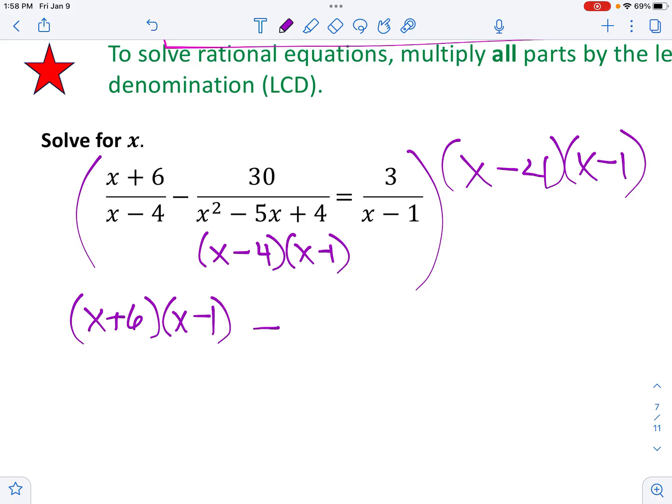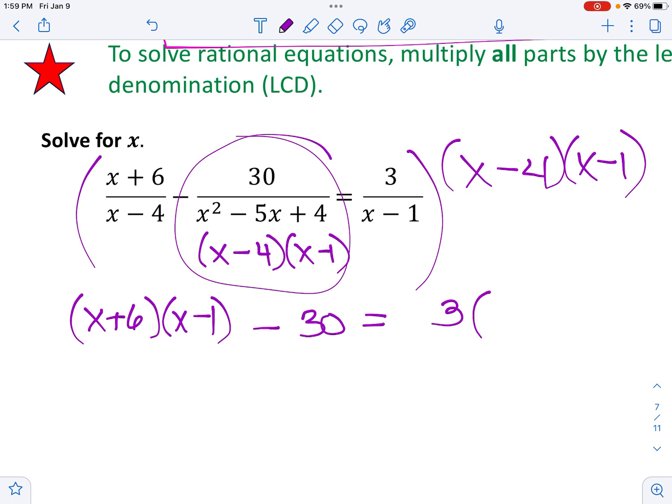This one, if I multiply, the numerator and the denominators would cancel, so I would just have 30. And over here on this side, the x minus 1 would cancel out, and I'd be left with x minus 4.